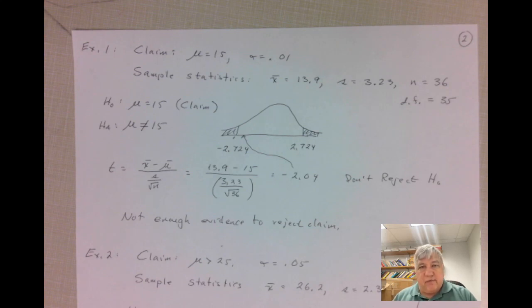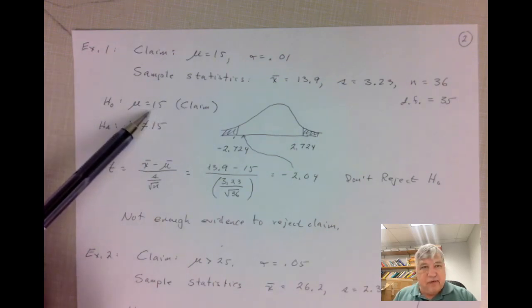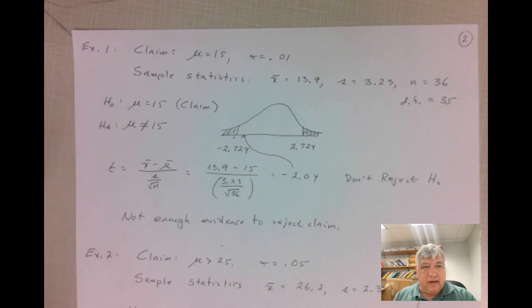The degrees of freedom will be 35. The claim has equality in it, so it must be the null hypothesis, and then the alternative hypothesis must be mu is not equal to 15. Because if the null hypothesis is true, the extreme values could occur both bigger or smaller than 15. So that's why we use a two-tail test.